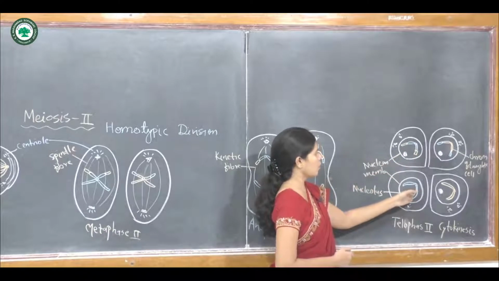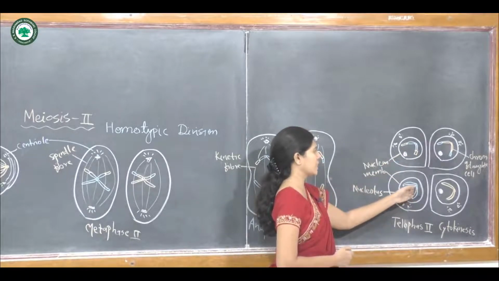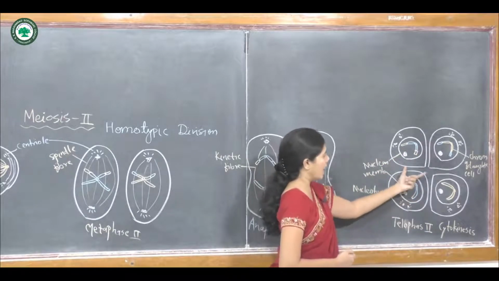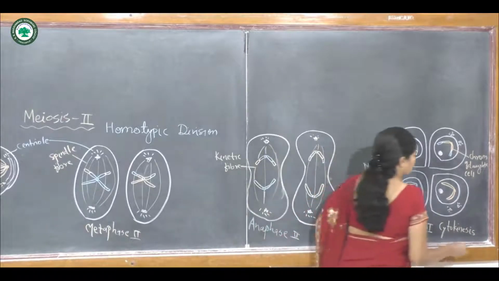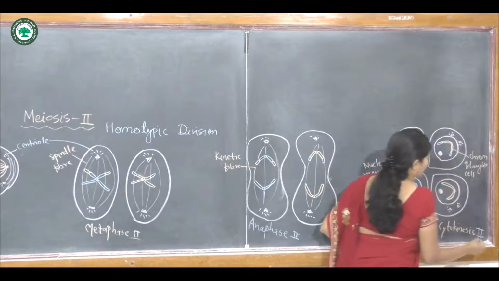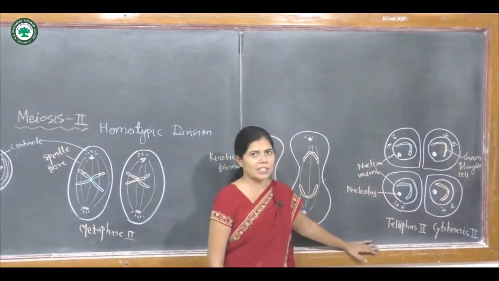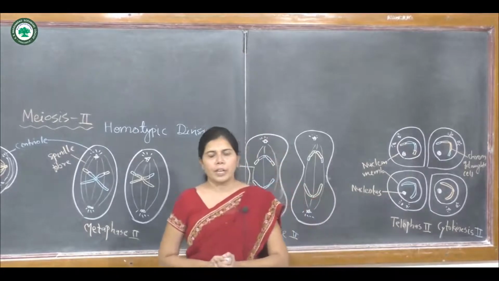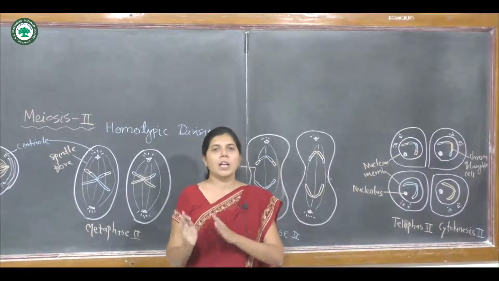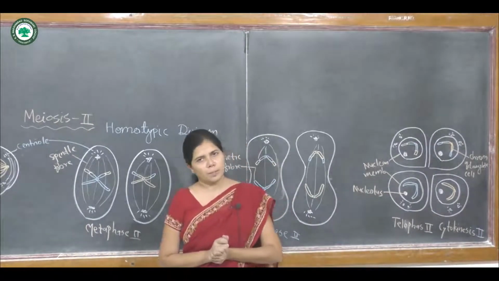We get a total of 4 daughter cells at the end of the complete process of meiosis.